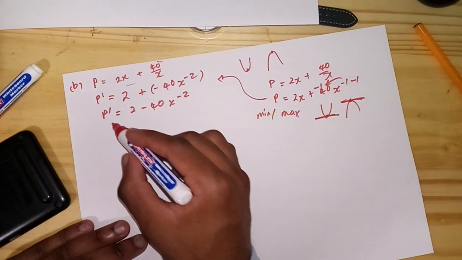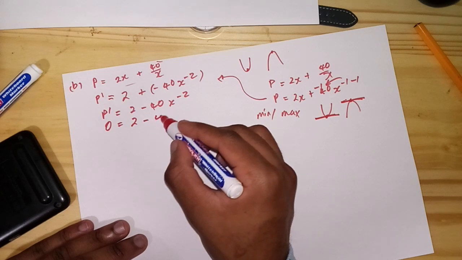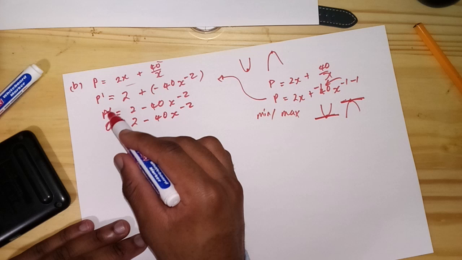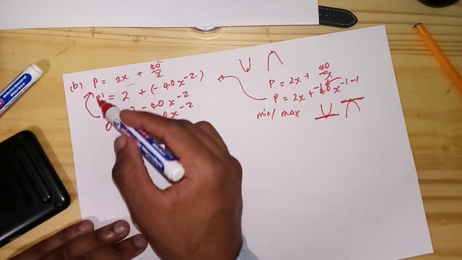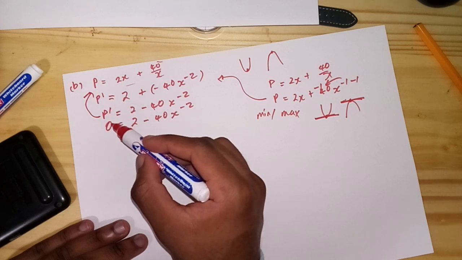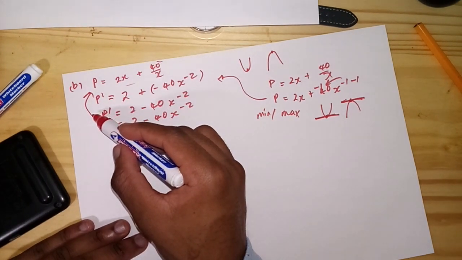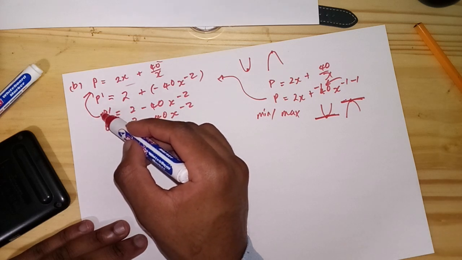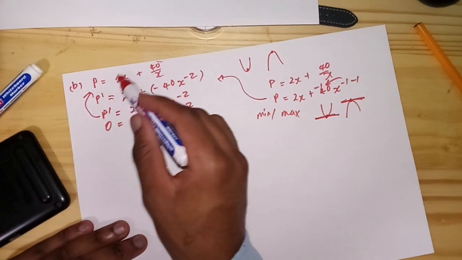So what would you want to do? You want to come and place 0 in this region. Come and say 2 minus 40x to the power minus 2 equals 0. Why do you place 0 here? Because the y value is the one that's going to be giving you the gradient of the initial equation. So the result of the derivative is going to be the answer telling you the gradient at that particular x value for the initial equation.